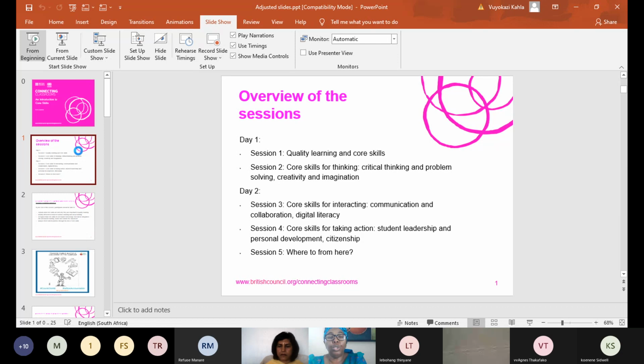When you look at those 2 bullets, it's actually showing you that the core skills are not only meant for the classroom, they are also there to assist you in your leadership and in managing your school.